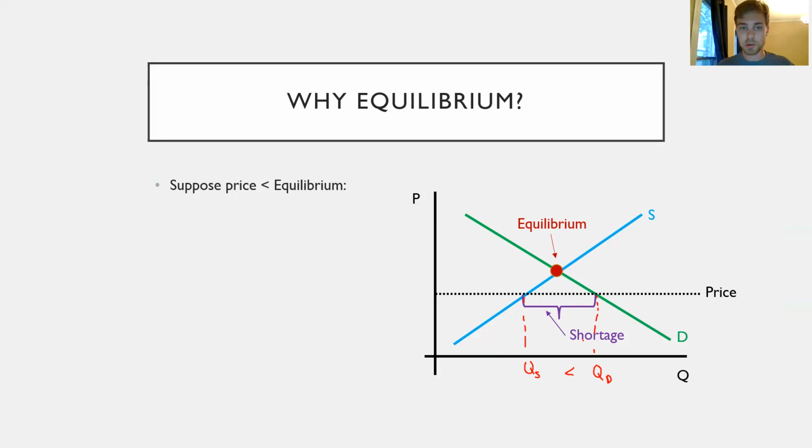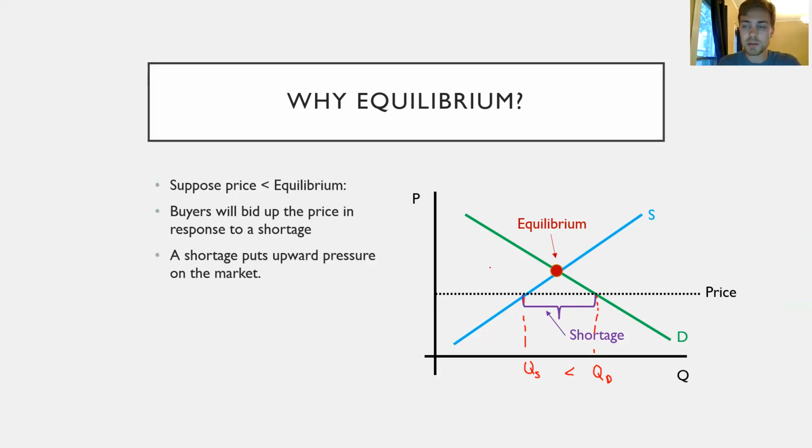People are going to the store to buy a certain good, and it's not on the shelf because too many people want that good at that specific price. What buyers will do in response is they'll bid up the price until we reach equilibrium, where everybody who wants this good at the equilibrium price will be able to get it, right? So that the market will clear. And so we say a shortage will put upward pressure on the market here.